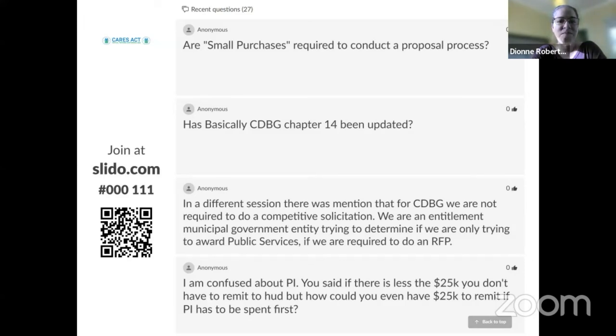Great. Thank you, Dion. I am confused about program income. You said if there is less than 25,000, you don't have to remit to HUD. But how could you even have $25,000 to remit if program income has to be spent first? Again, I think we've talked about this.